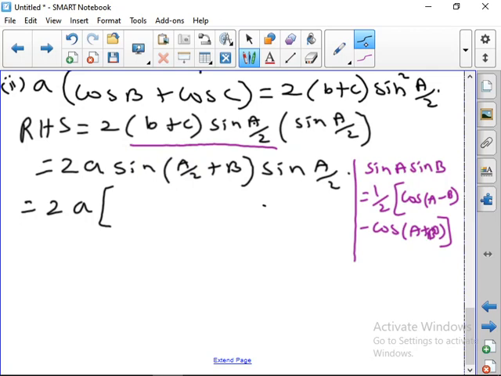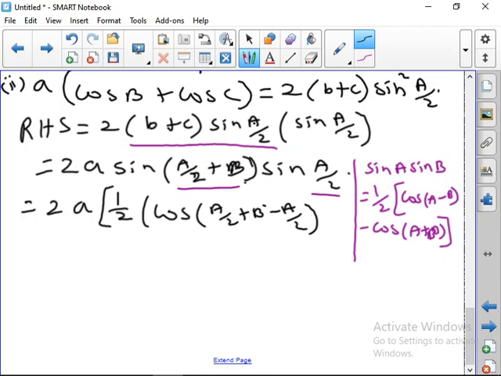Sin A plus B, or anything we can take. So take this as A, and this you take it as B. Then we get 1 by 2 into cos A minus B, so A by 2 plus B minus A by 2, minus cos A plus B, so A by 2 plus B plus A by 2.